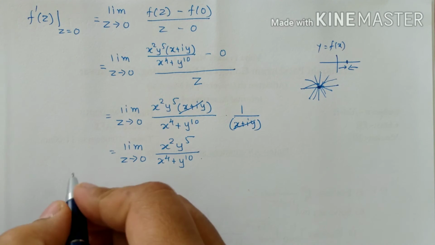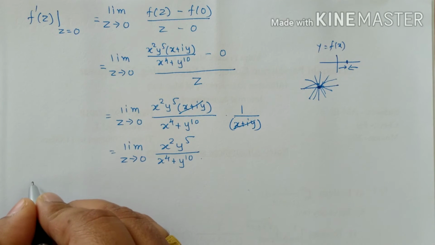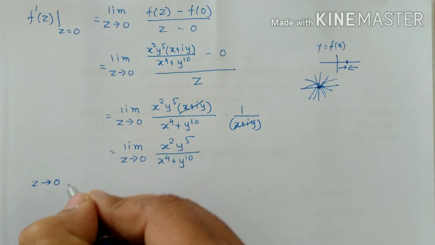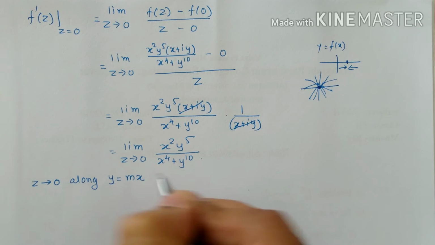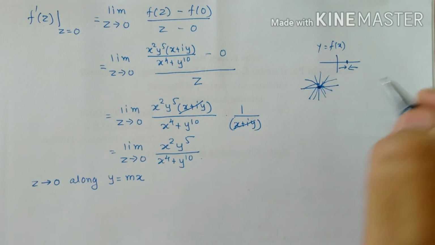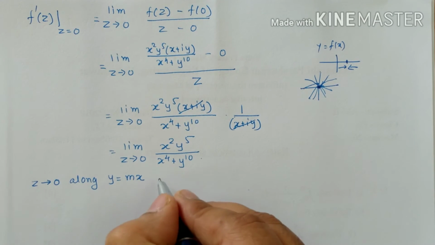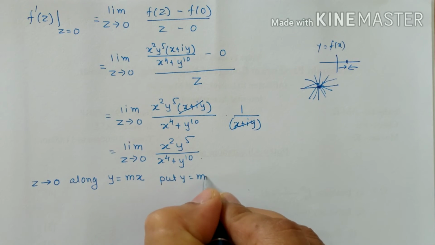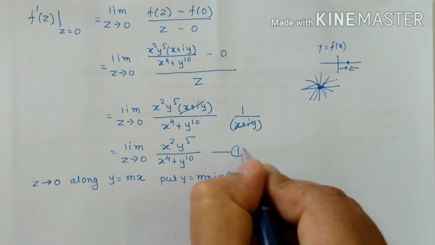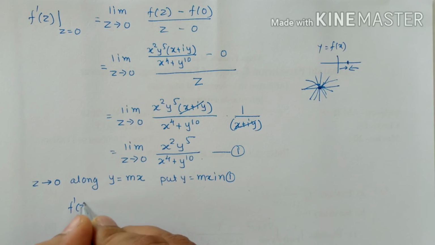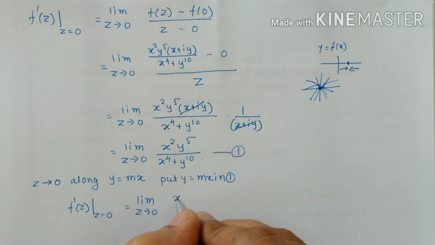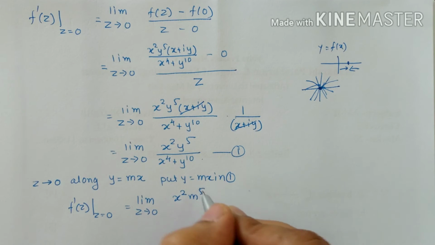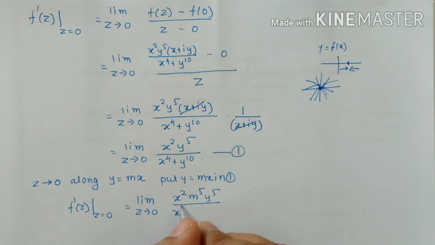That's the story. So the first path I am going to select: take approach z to 0 along the line y is equal to mx, a line passing through the origin. So put y is equal to mx in 1. I call this number 1. So x square m raised to 5 x raised to 5 divided by x raised to 4 plus m raised to 10 x raised to 10.